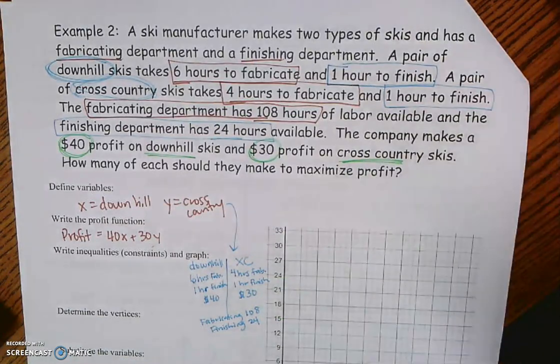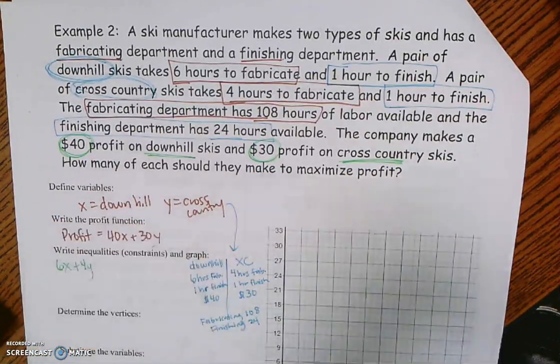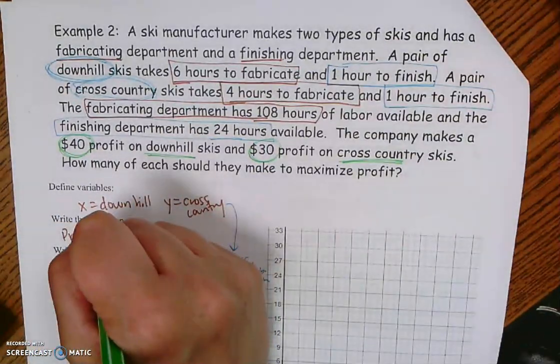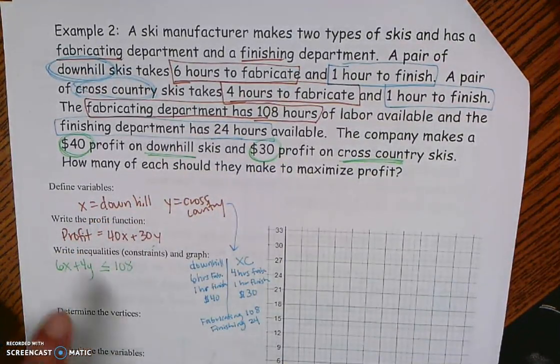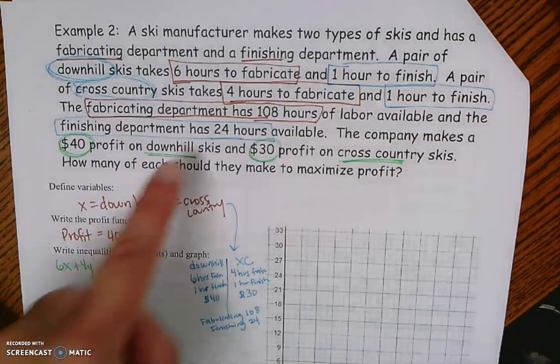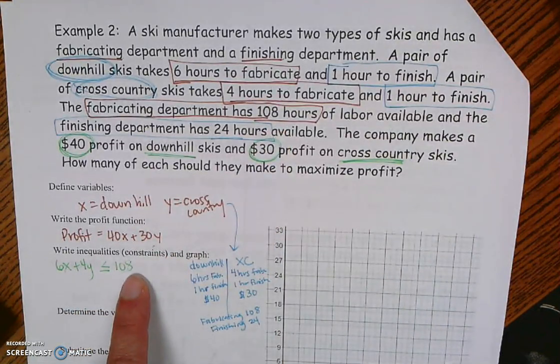So I'm going to use an x and a y. So 6x plus 4y is less than or equal to 108. The reason I use less than or equal to is because the department has 108 hours. So if they have 108 hours, I could use 108 or I could use less. I don't have to use them all.